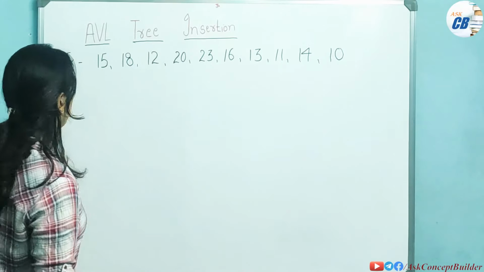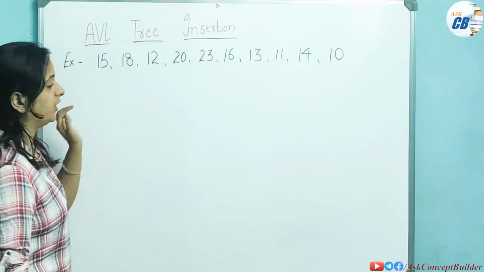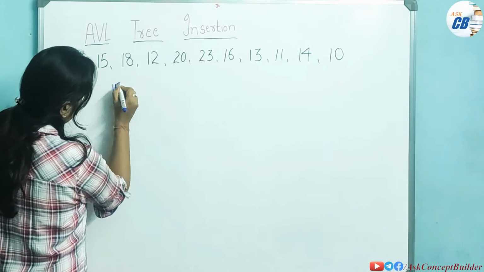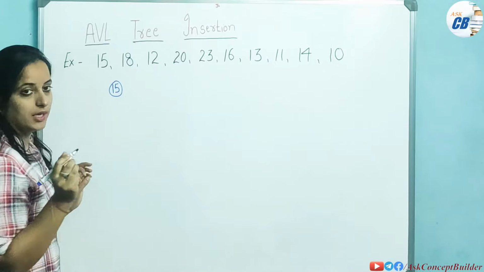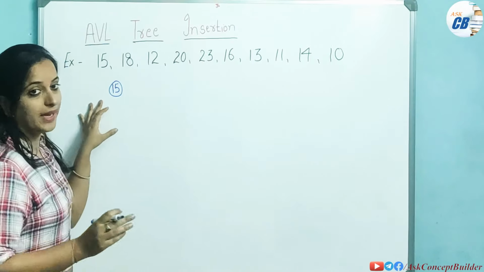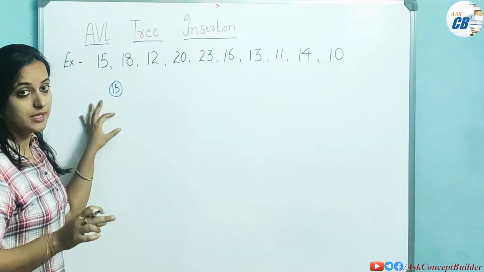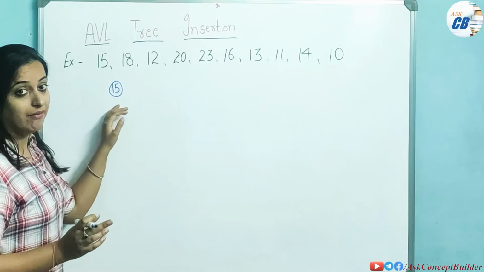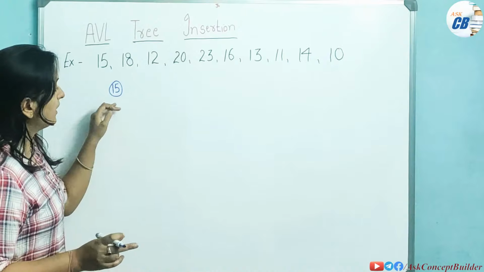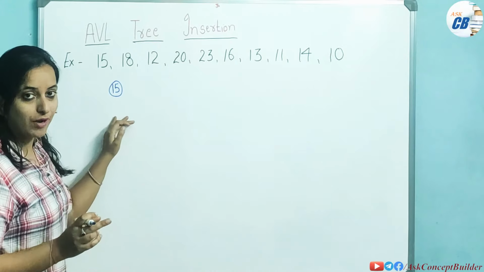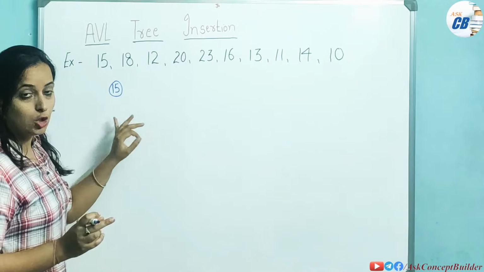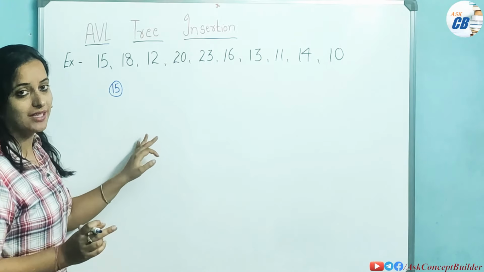Now your first node is 15, so 15 is your root node, and we will insert it first. What we have to keep in mind for an AVL tree is that our tree should be balanced, and for that we have the balance factor. At each and every step we have to find the balance factor for each node to check whether our tree is balanced or not.